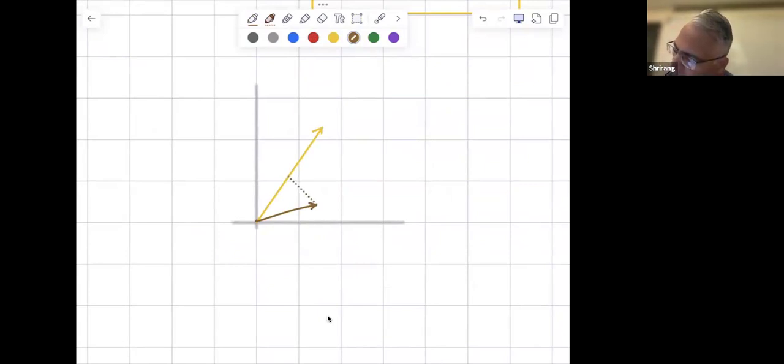If this is 90 degrees, this becomes the dot product of U and V. We'll see why later on, and this is incredibly useful. We'll be using it a lot later on, but we'll get to that when we get to that.